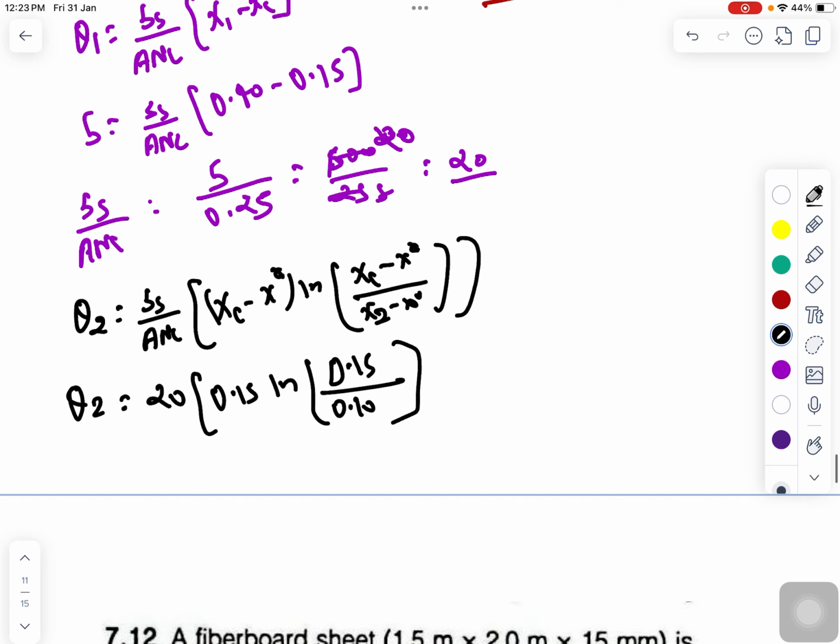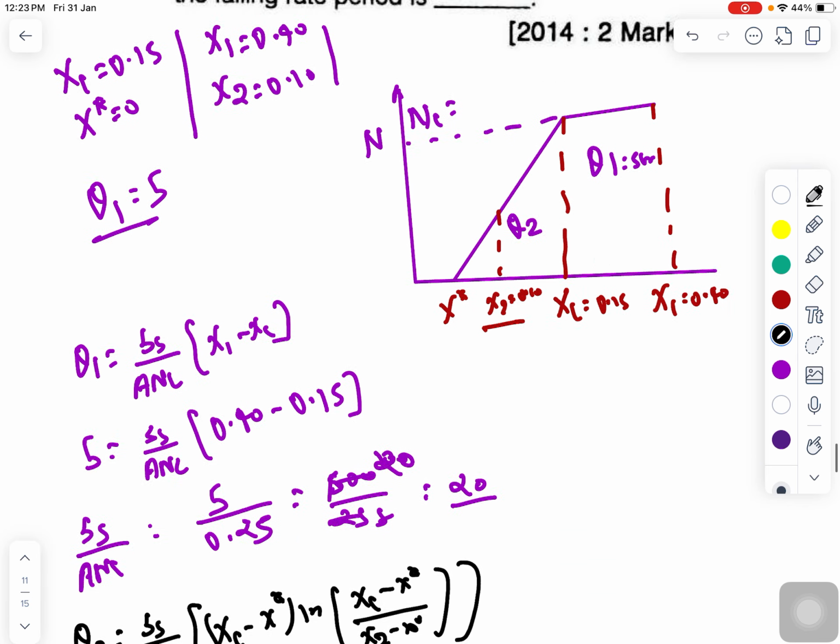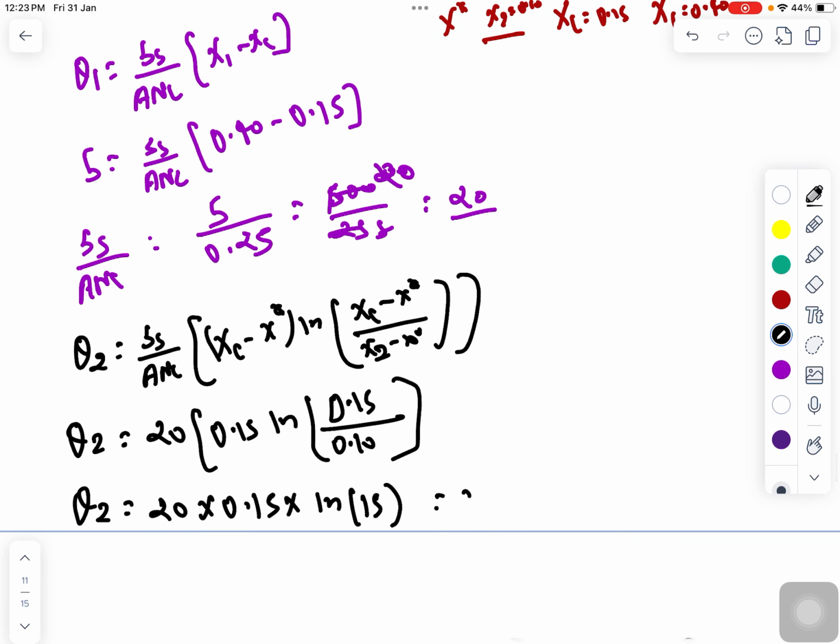Once you do these things, theta 2 will be 20 multiplied with 0.15 multiplied with ln 15. Is that clear? Once you calculate these things, from here you will get the answer 8.124.